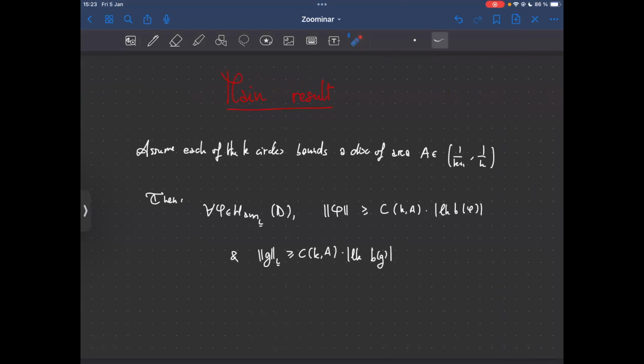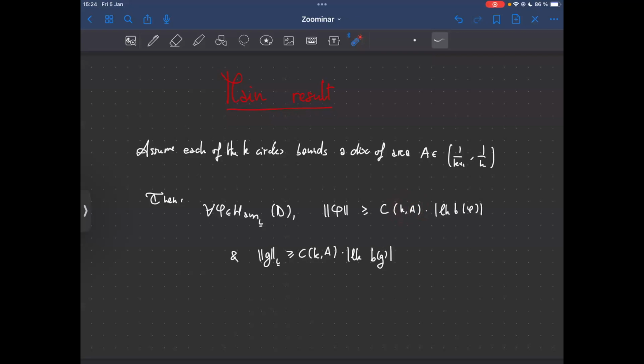So we do need to assume here that each of the K circles bounds a disk of the same area, A, where A is a real number between 1 over K plus 1 and 1 over K. And then we have a uniform bound on the Hofer energy of a diffeomorphism given by a constant, which only depends on the Lagrangian link, in particular on the number of circles and the area bounded by each one of them, times the linking number of the braid associated to the diffeomorphism in question.